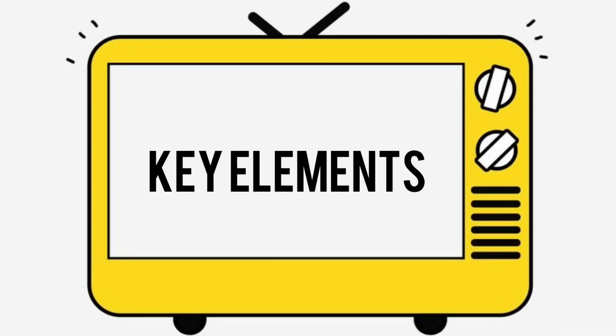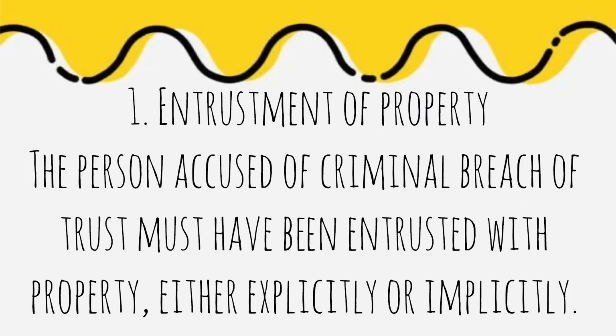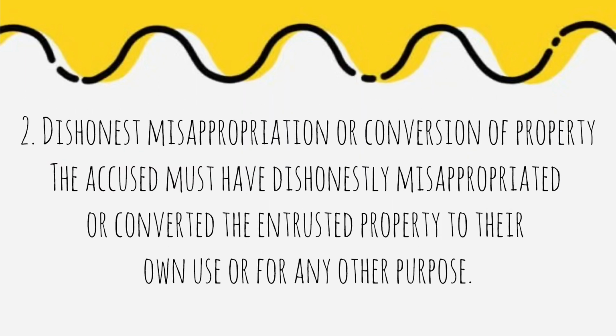Now let us see the key elements of criminal breach of trust under IPC. First, entrustment of property. The person accused of criminal breach of trust must have been entrusted with property either explicitly or implicitly. This means that the owner of the property must have voluntarily placed the property in the care or control of the accused.